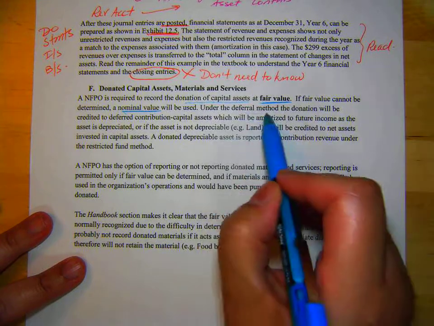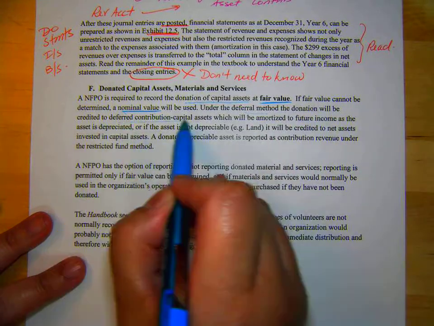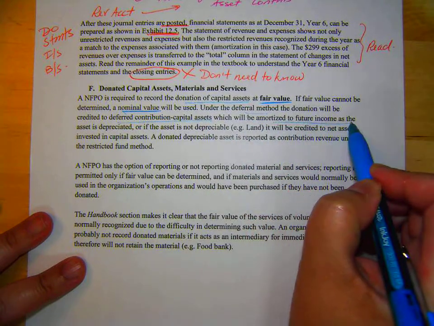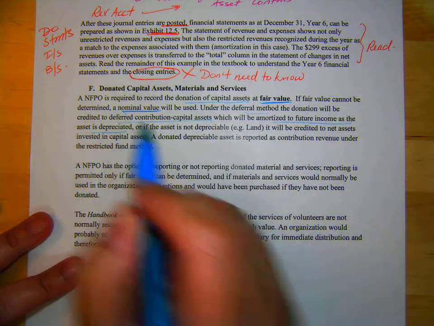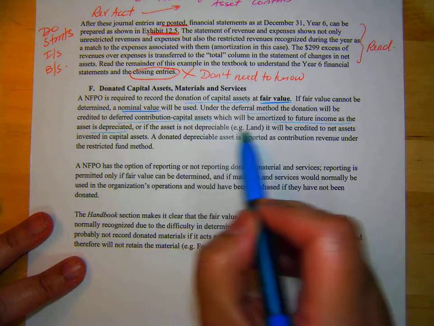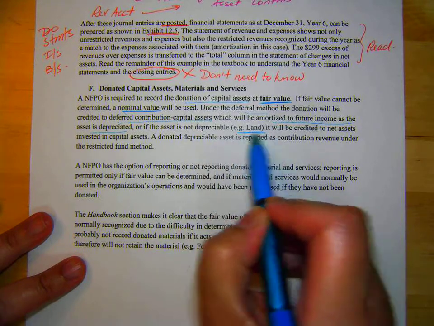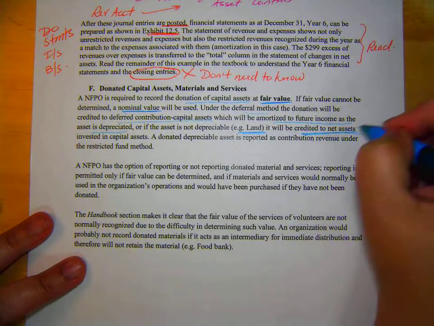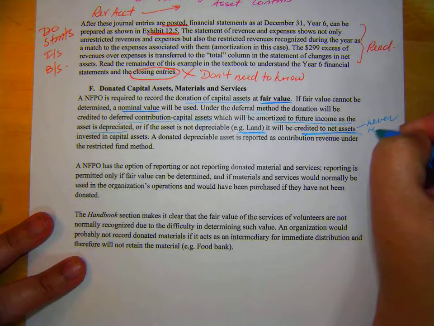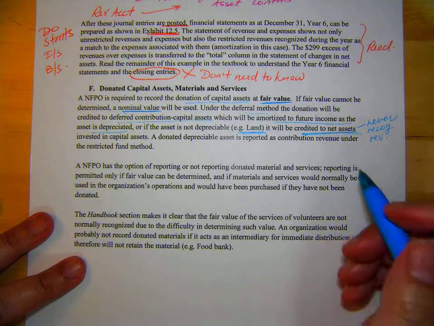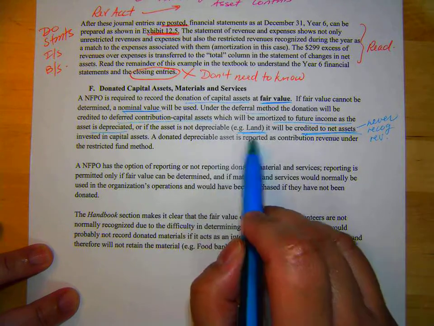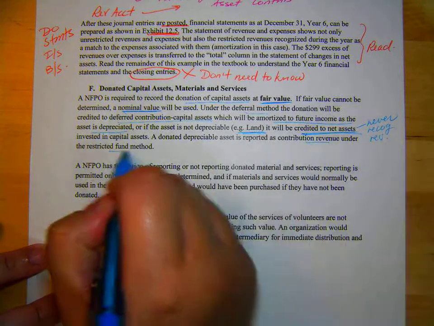Under the deferral method, the donation will be credited to contribution capital assets, which again, when it's amortized, will recognize the revenue. Or if the asset is not depreciable, so if it's land, it goes right into net assets. So we'll never recognize revenue off that. Donated depreciable is a contribution revenue because it's got its own fund.